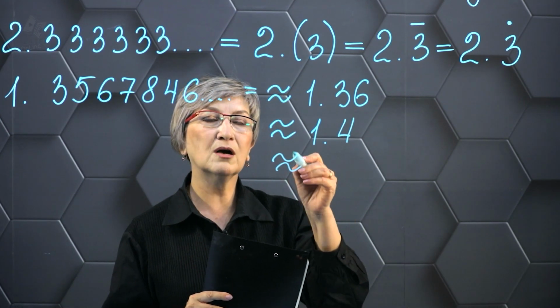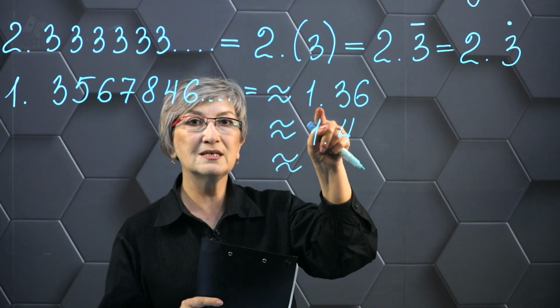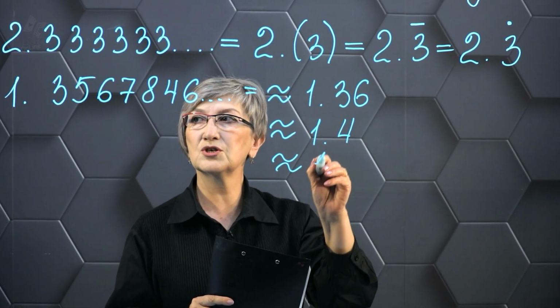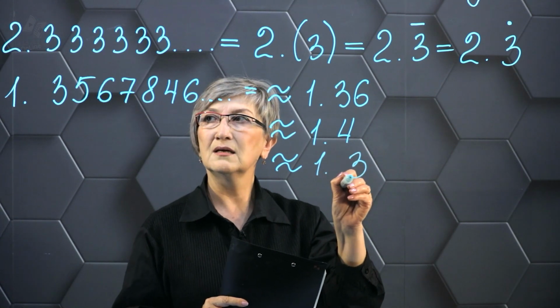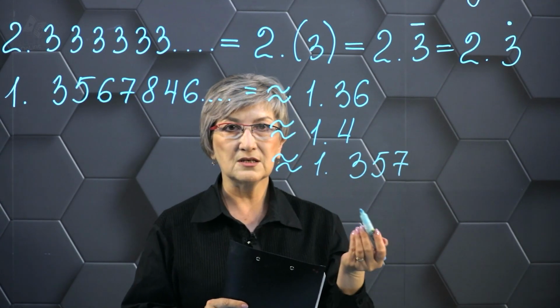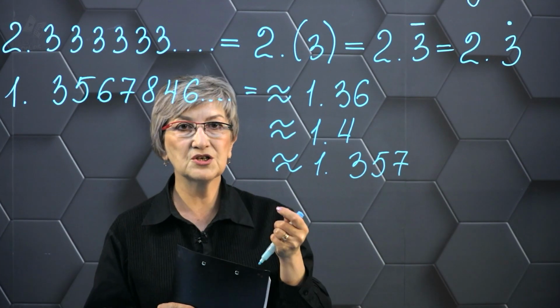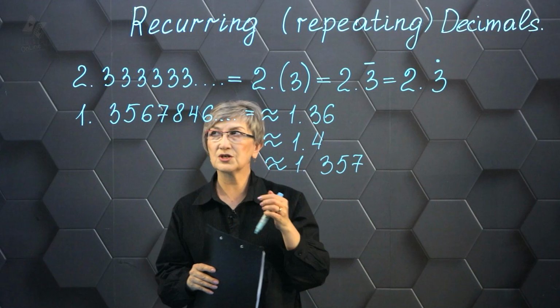Or I can round to 3 decimal places after the decimal point. The result is 1 whole 357 thousandths. But we're going to write down periodic decimal fractional numbers in today's lesson.